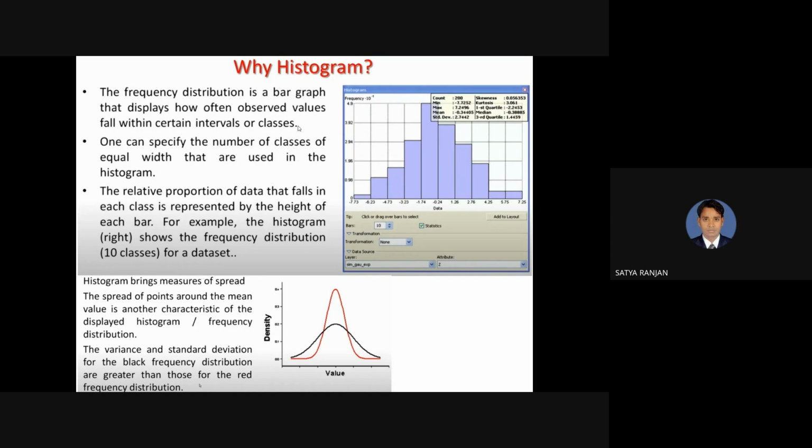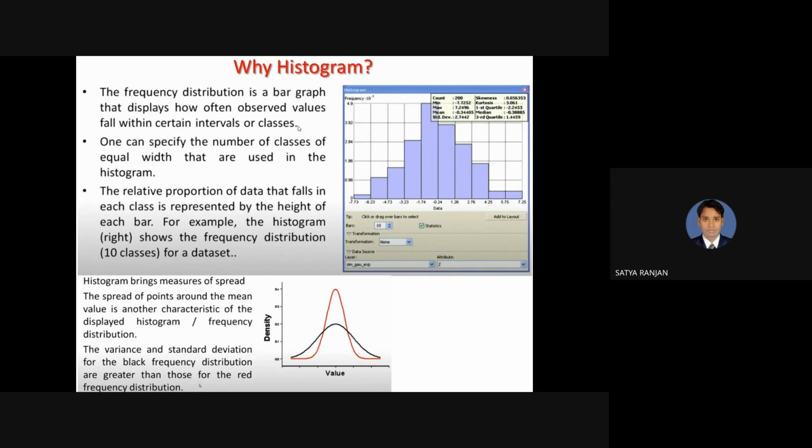One can specify the different classes of equal width that are used in the histogram. The relative proportion of the data that falls in each class is represented by the height of each bar. For example, the histogram shows the frequency distribution of different 10 or 15 classes of the dataset.